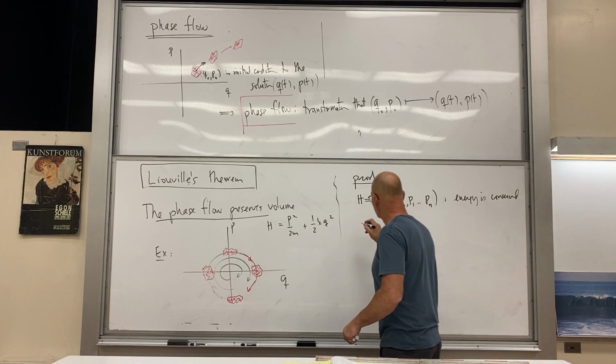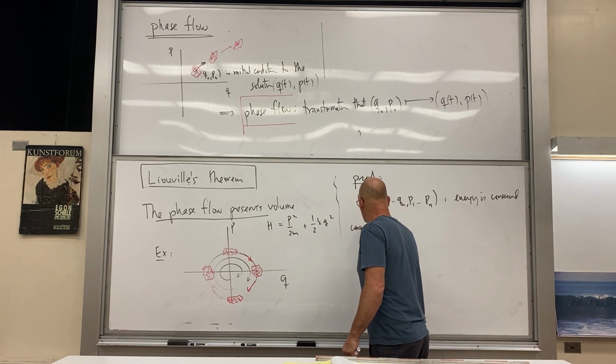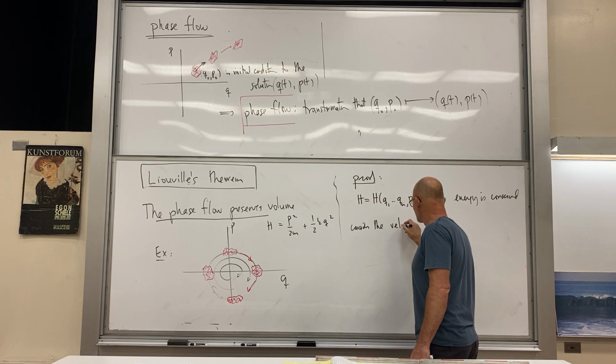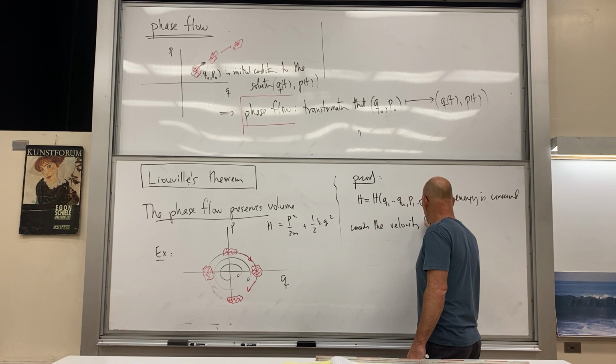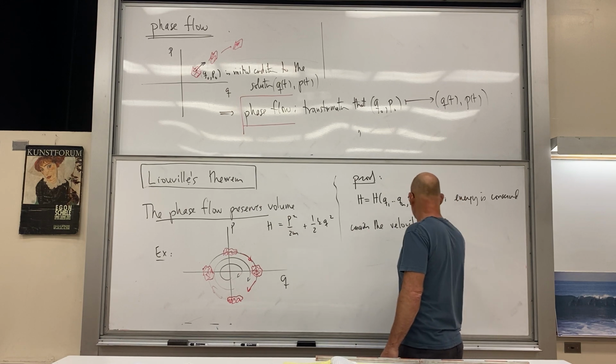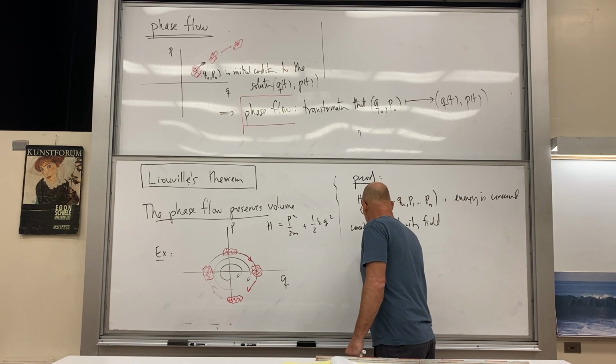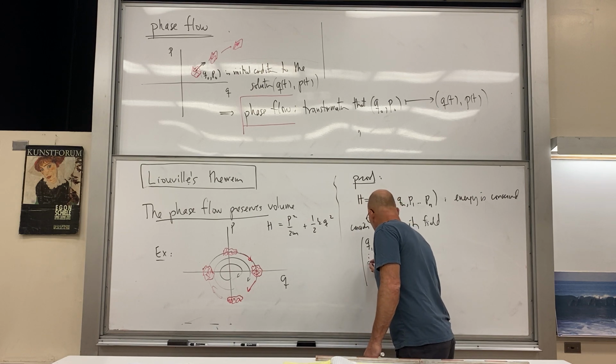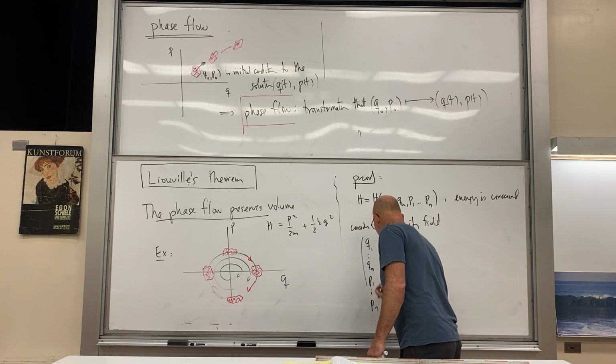Now, consider the velocity field, is what we're going to call it. Q1 to Qn, P1 to Pn.